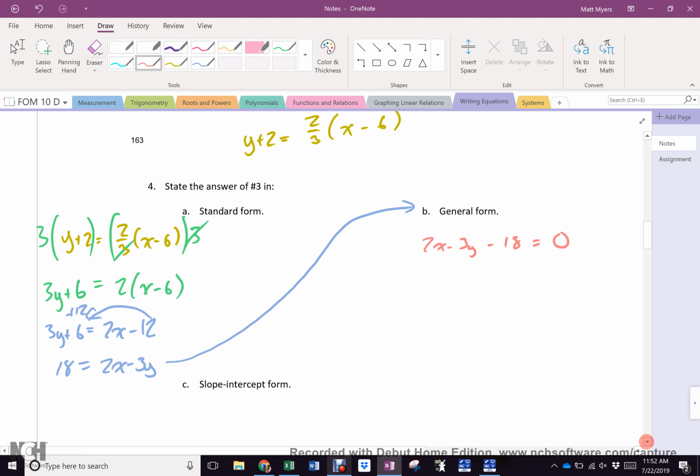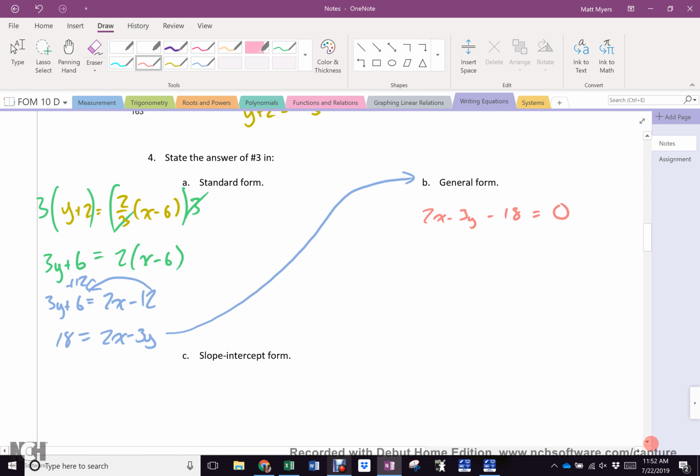And slope-intercept form? How do I go from, I need a color I haven't used in a while, purple. How do I go from that to that? Isolate y. I heard somebody say it. Should y move then? But y is negative.